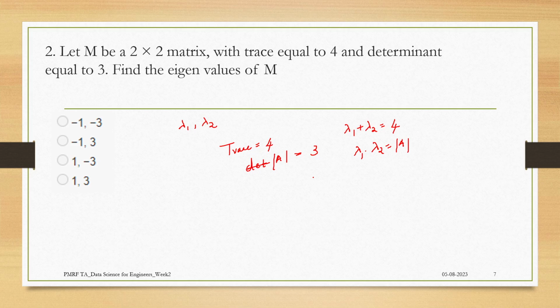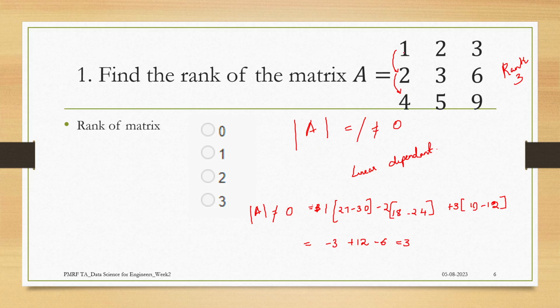If I want to show you, this is the principal diagonal. You can see 1, 3 and 9 form the principal diagonal. The sum of these three values, 1 plus 3 plus 9, will form the trace of that matrix.